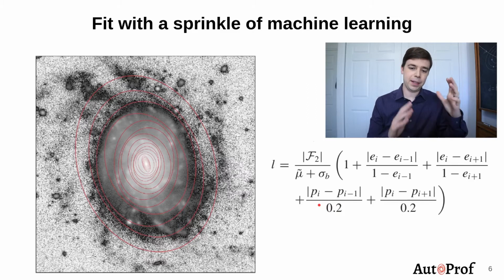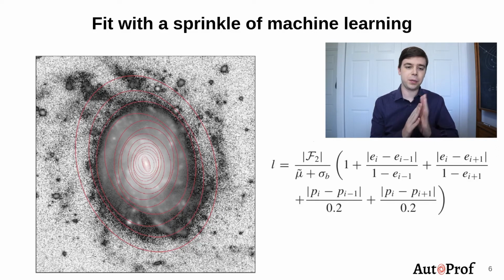So this forces AutoProf to try and find isophotes with relatively similar ellipticities and position angles for adjacent isophotes, but it still gives complete flexibility if that happens to be the ideal fit.